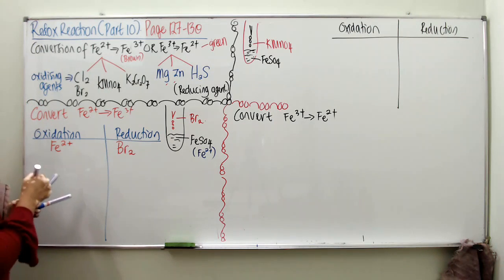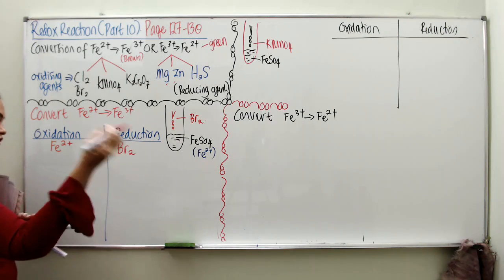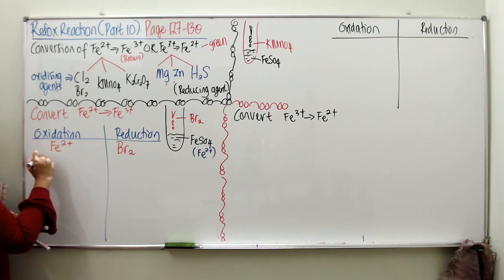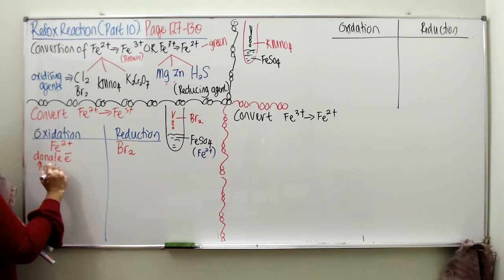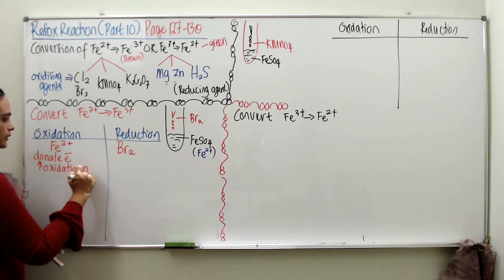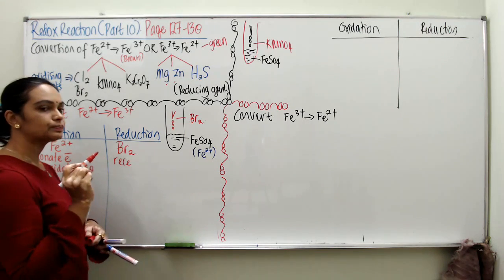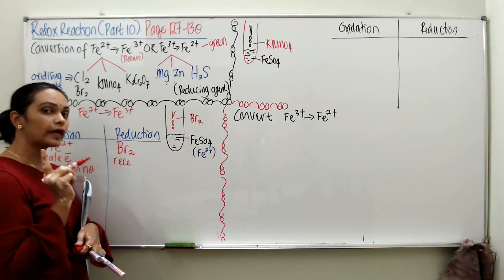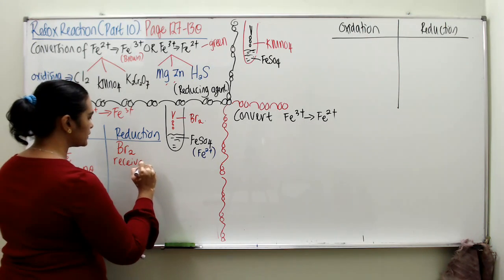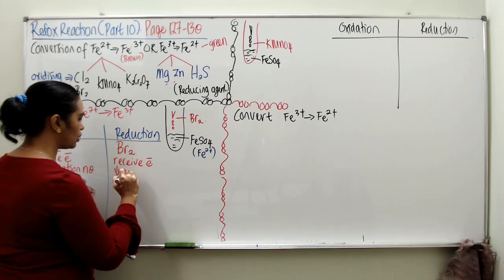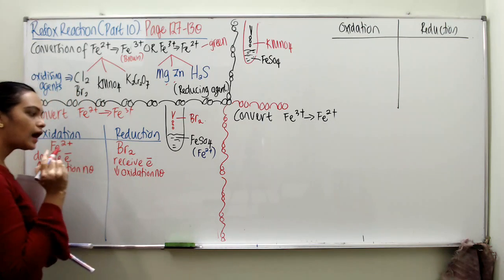Why do we say iron 2 ion goes through oxidation? Because it donates electrons and increases oxidation number. Here your bromine will receive electrons. If you remember our part 9 video, you should know that halogens are supposed to receive electrons, and receiving electrons reduces the oxidation number. So you can prove how it happens.